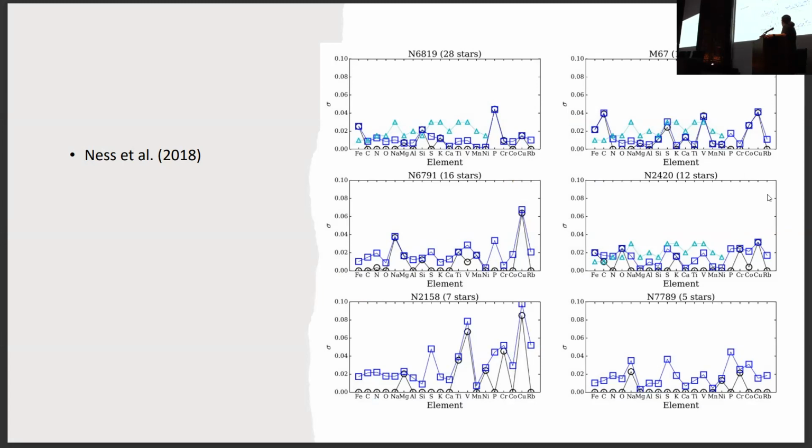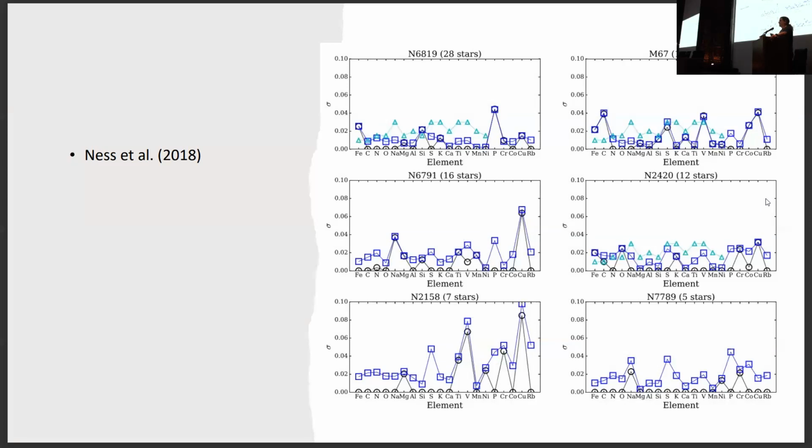And for the purposes of what we are doing here, a scatter of 0.02 between stars is pretty much okay because our uncertainties are typically larger for carbon and oxygen abundances. So what if we look at a star that was formed with Beta Pic in the same molecular cloud and use that as a proxy to study the molecular cloud from which that planet was formed?